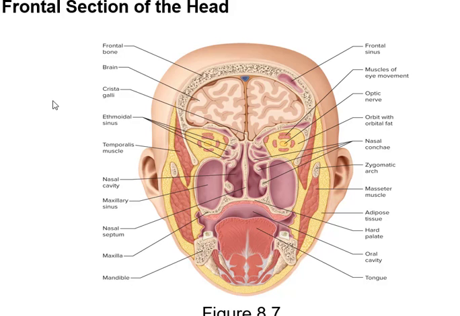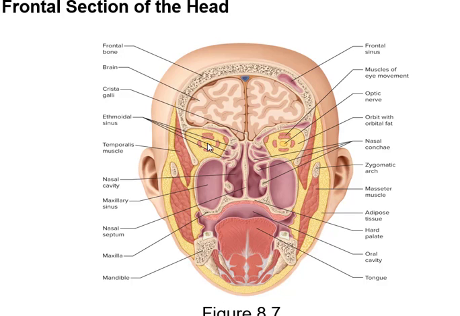As we go along from chapter to chapter, in one chapter we learn bones, in another chapter we learn muscles, another chapter we're going to learn about joints. And it's nice to step back every now and then and realize that everything fits together. It's not just empty bone. You've got the bone, and then you've got the brain inside of the bone.